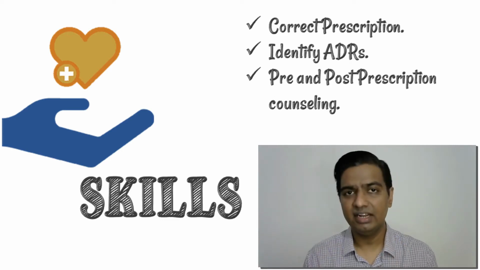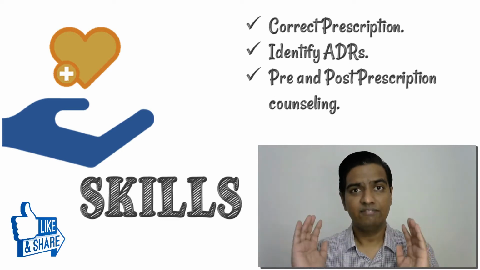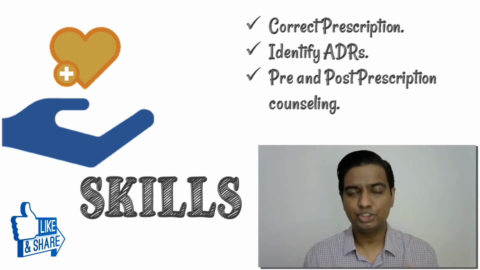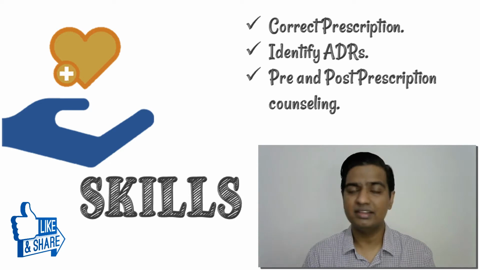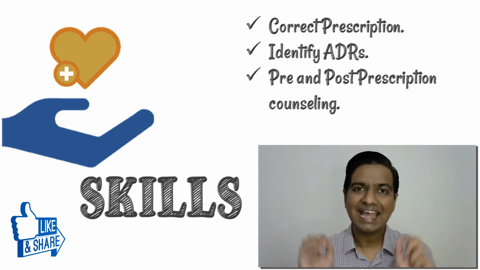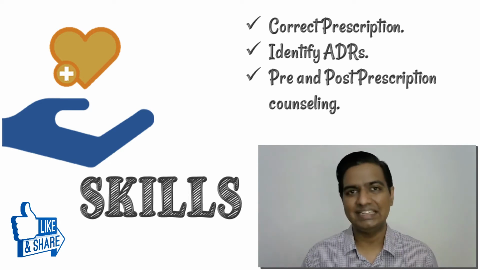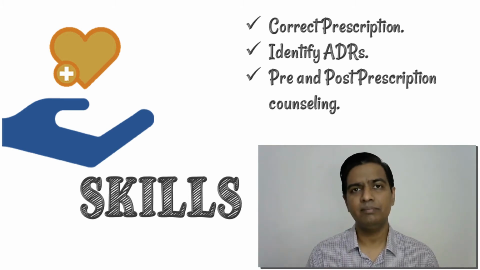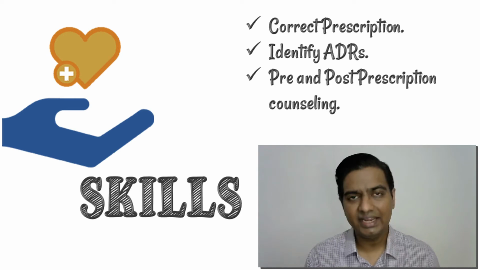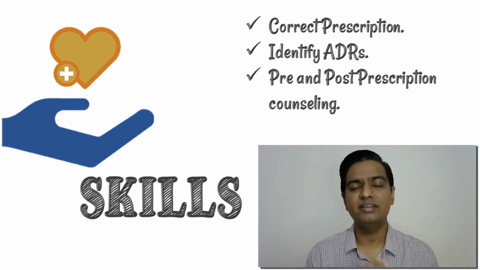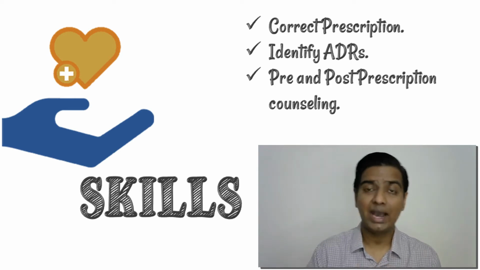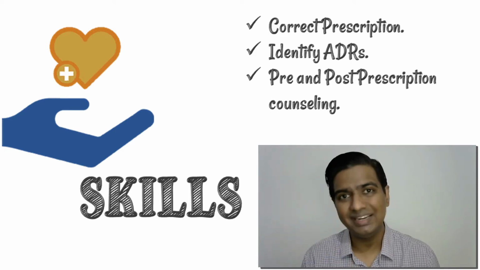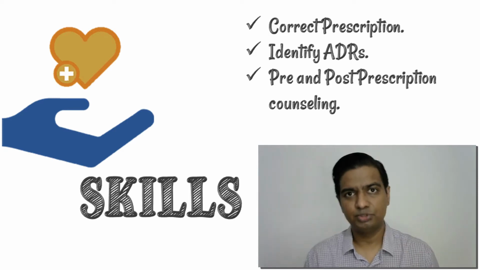It is a very well known phenomenon that 50% of patients get the wrong medicines, and of the people who get the right medicines, only 50% actually complete the course of medication. Pre and post prescription counseling includes explaining to the patient why the medicine that you're giving is important and why he or she needs to complete that prescription.